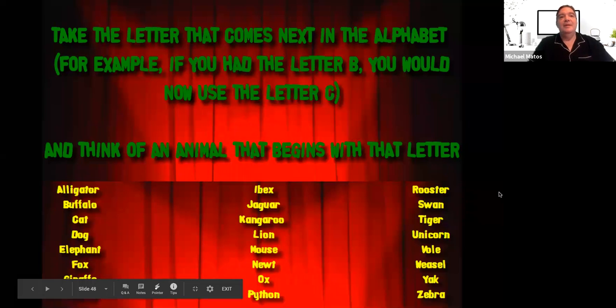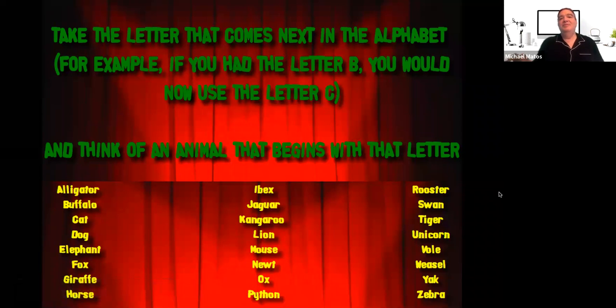Okay, now take the letter that comes next in the alphabet. So for example, if your country started with the letter B, obviously the next letter in the alphabet would be C. So go ahead now and choose an animal's name that starts with that letter, okay? So I did put the animals up here.